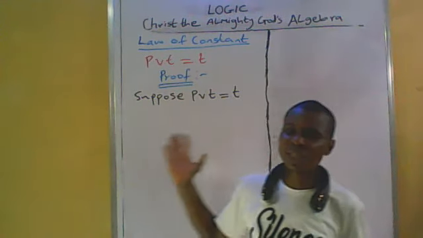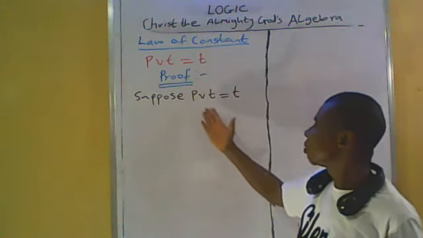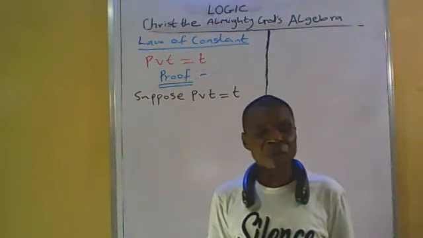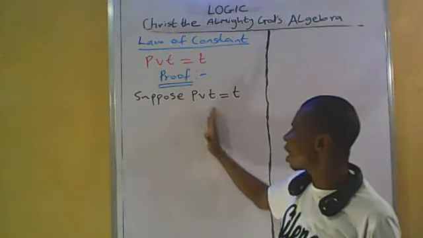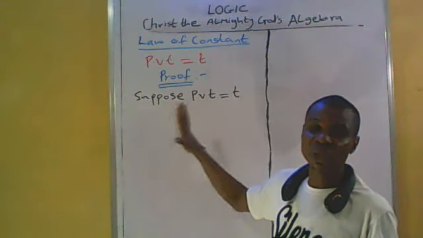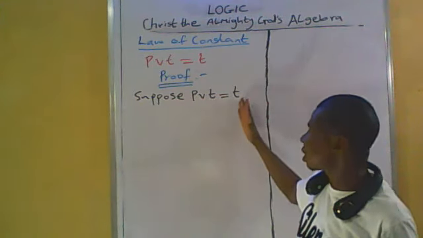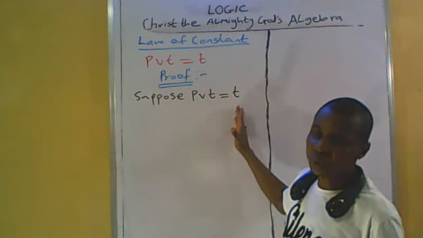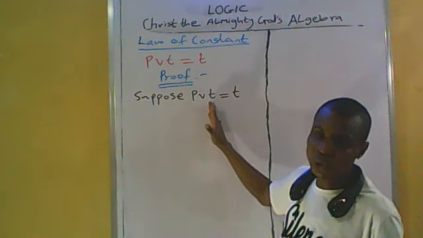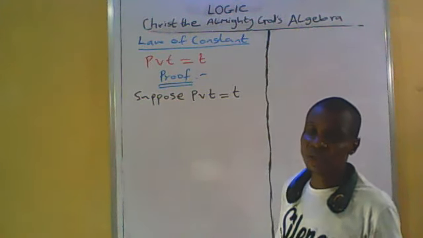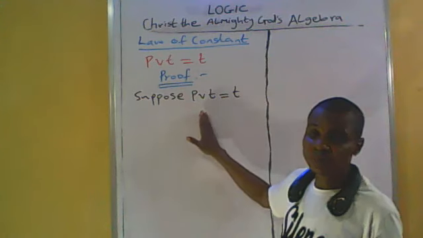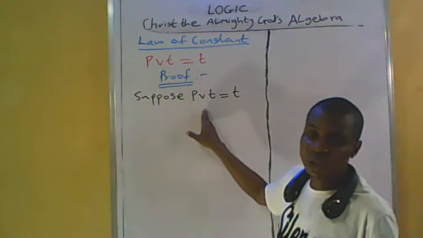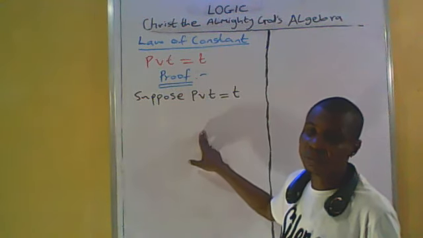If you look at this statement, you will find out that P or T equal to T is a logical equivalent, in the sense that whenever the left hand side of the equation is true, the right hand side is also true. Whenever the right hand side is false, the left hand side is also false. We say it's logical equivalent. But in this case, P or T is constant, always T throughout.